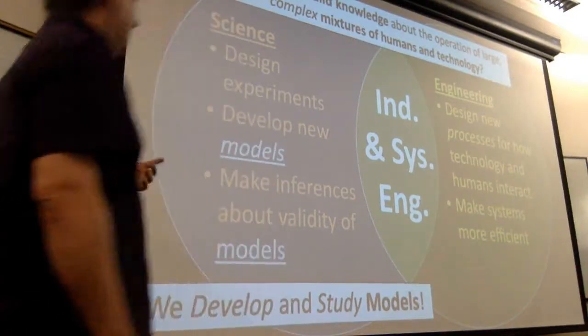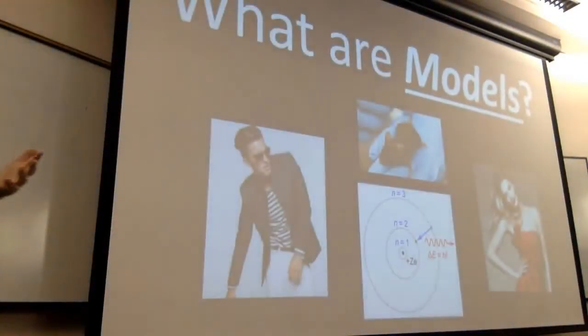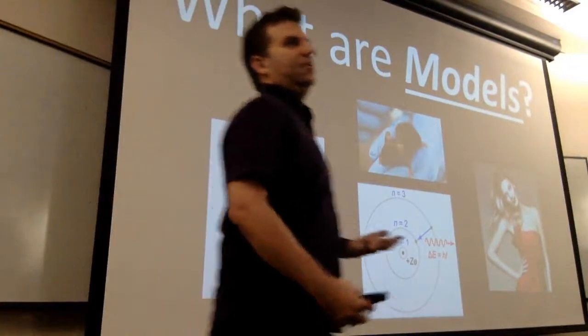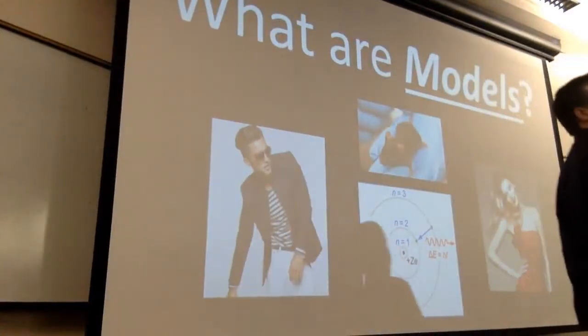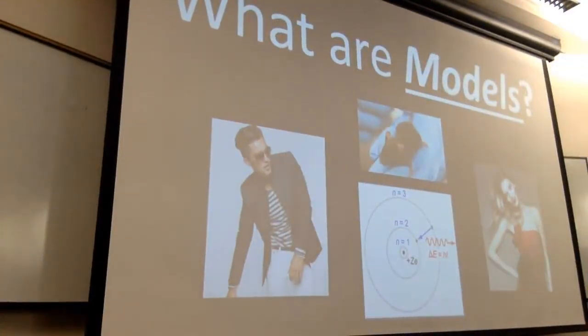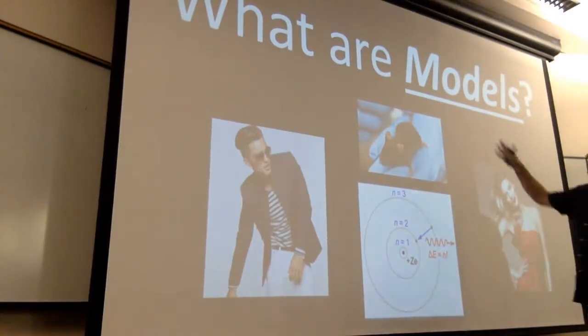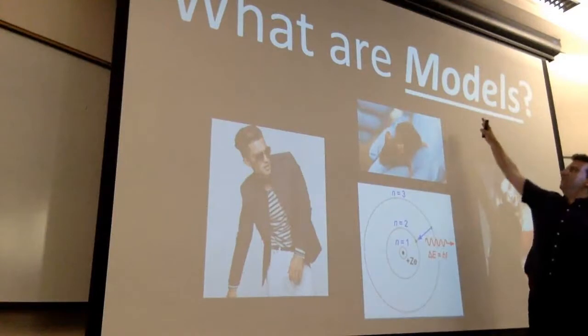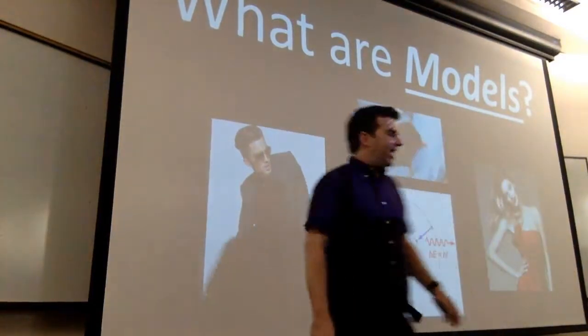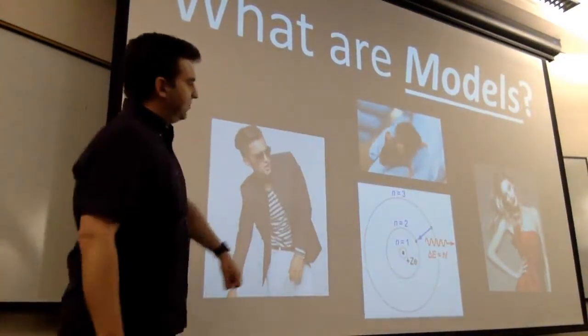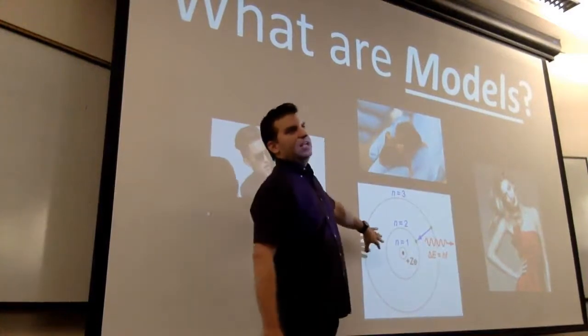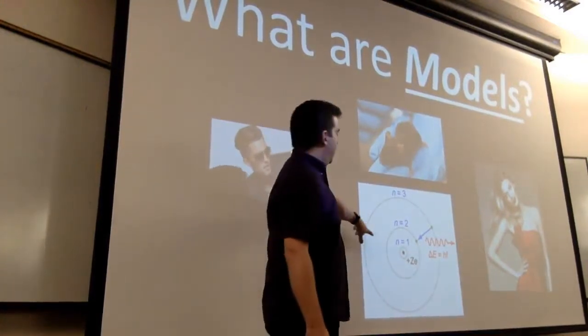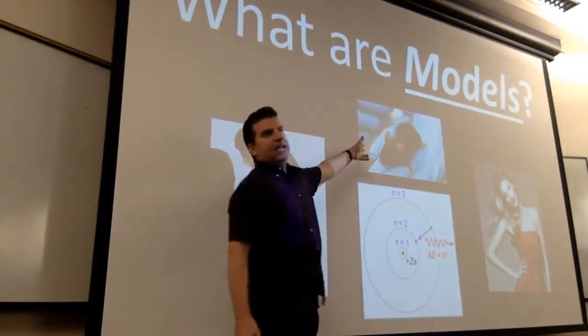So this class is about developing those types of models, which is why we have to focus on understanding what a model is and how accurate the models need to be. We talked about how there should be a general definition of a model that takes into account fashion models as well as the Bohr model of an atom, and animal models.